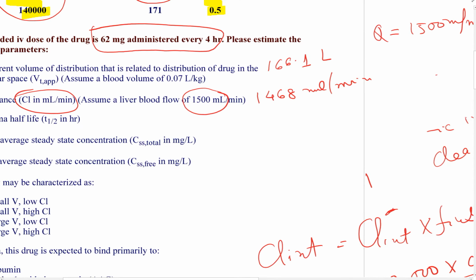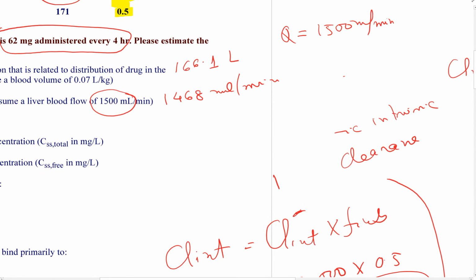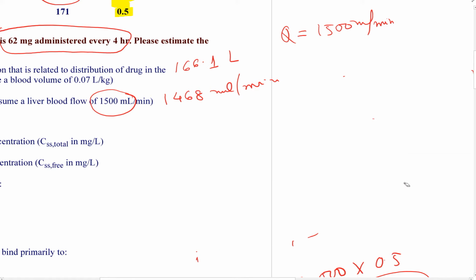We'll need the value in liter per hour later, so I converted it before to 88.11 liter per hour.